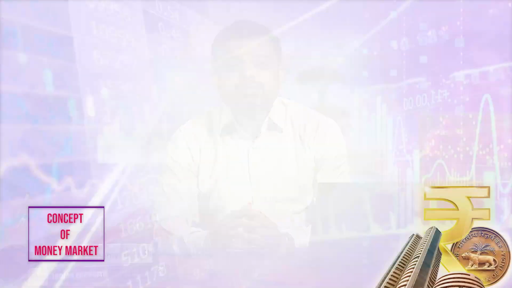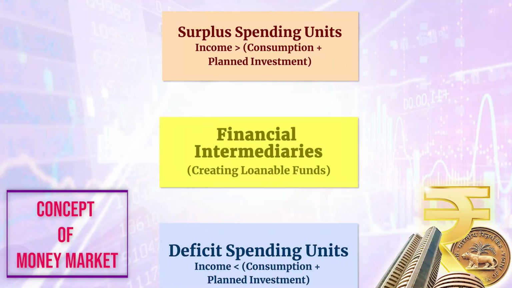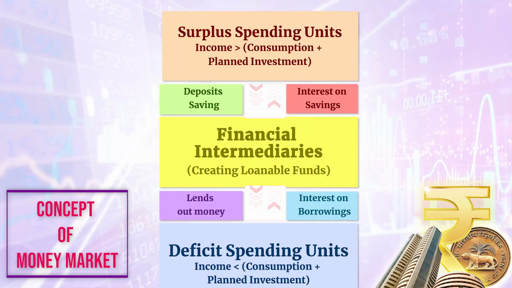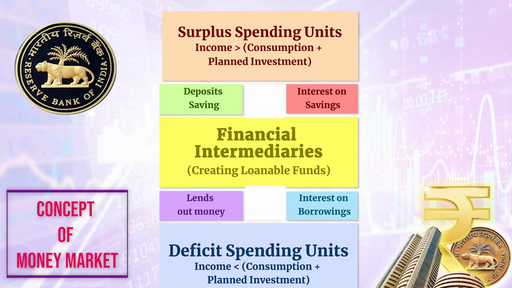Now, in between these surplus spending units and deficit spending units, there are some financial intermediaries, particularly the commercial banks and some financial institutes that bridge the gap between demand for and supply of loanable funds in the financial system. And RBI plays the role of a controller or moderator in the entire system.